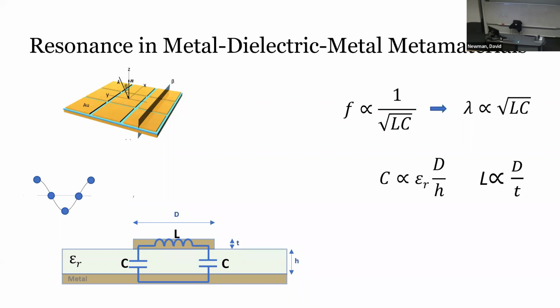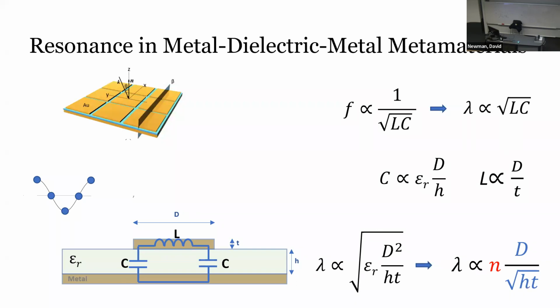If we substitute these into this frequency equation, you can see that the wavelength is proportional to these geometric parameters, but also dependent on the square root of the dielectric function. The square root of the dielectric function is the refractive index. So if we can control the refractive index of the material, we can control the resonant wavelength or resonant frequency of these meta-atoms.